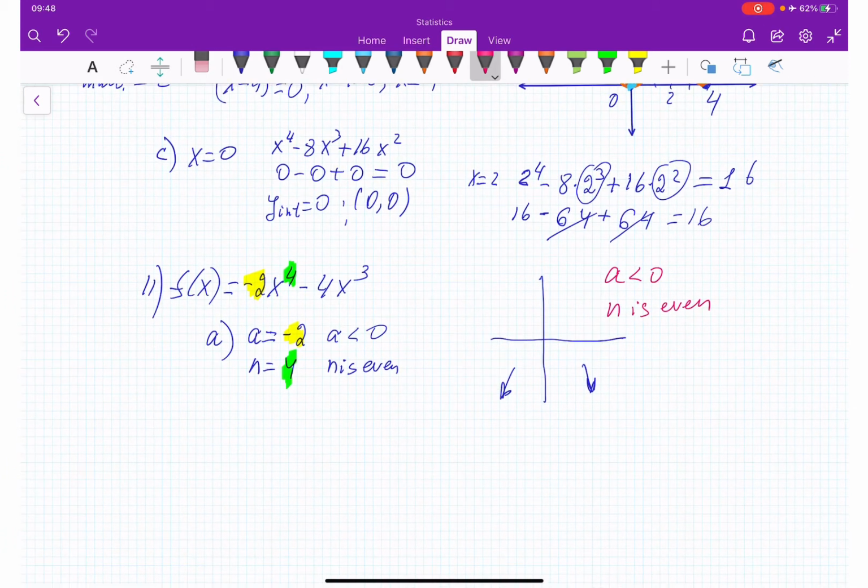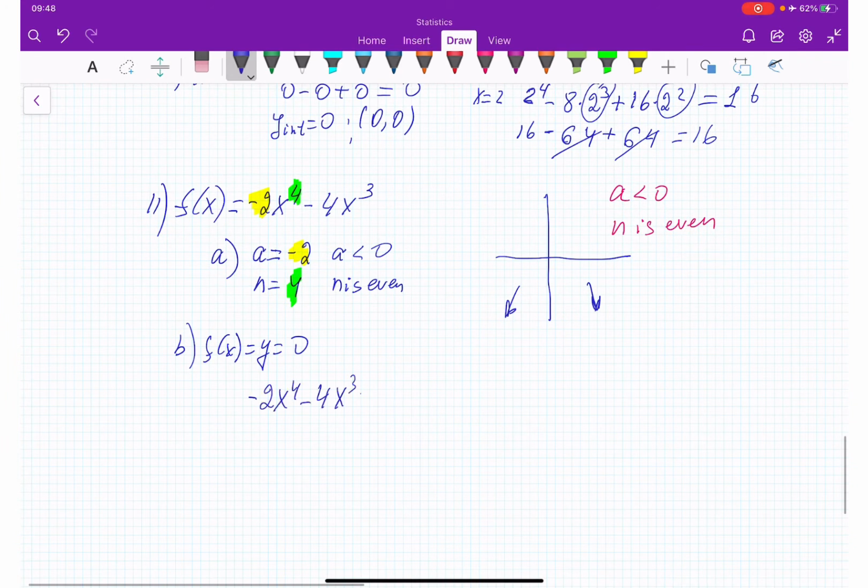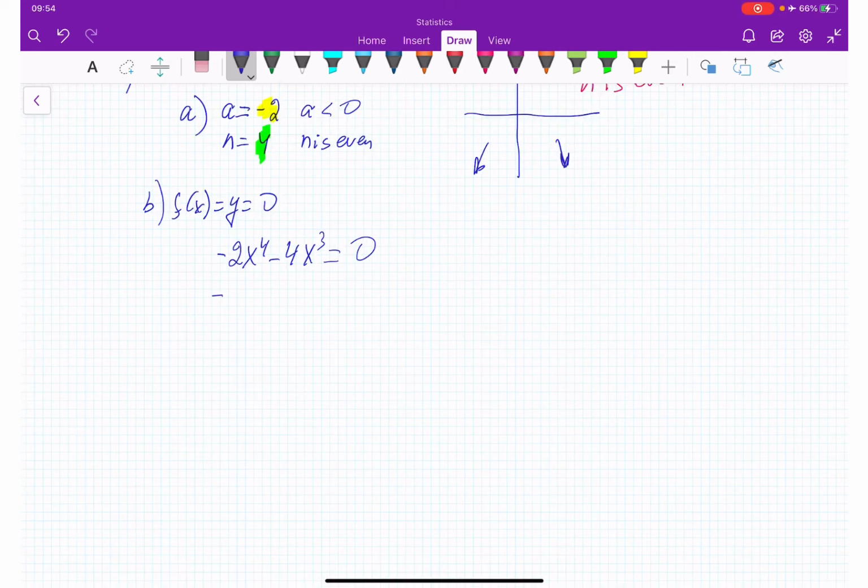Next, we are going to find the x-intercept. So for x-intercept, f of x equals y equals 0, and we get negative 2x to 4 minus 4x cubed is equal 0. Taking out negative 2x cubed, I'm getting x plus 2 is equal 0, because if I take out the negative, it's going to flip the sign in the parentheses, right?